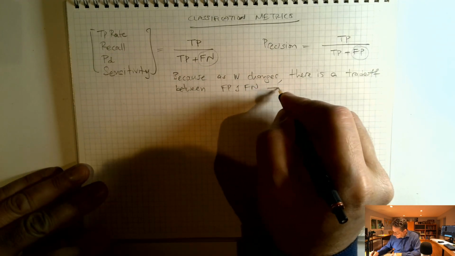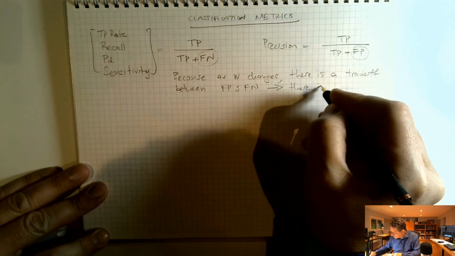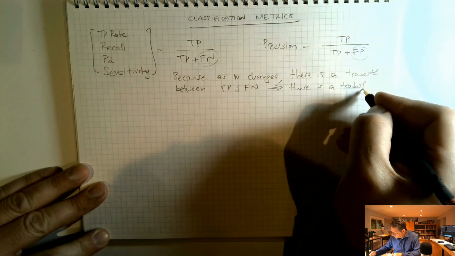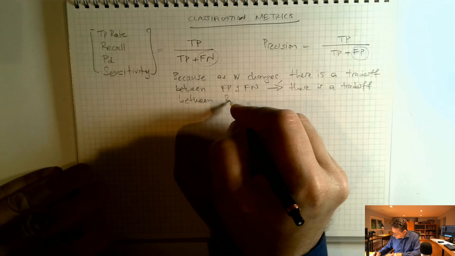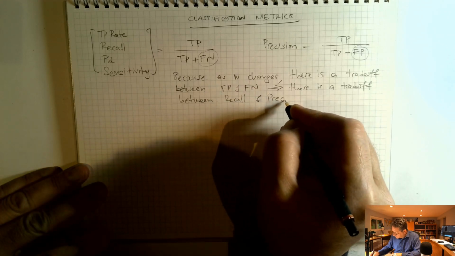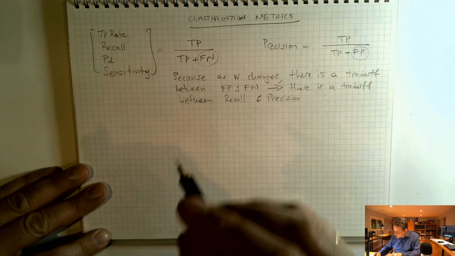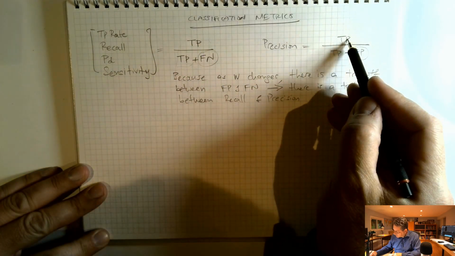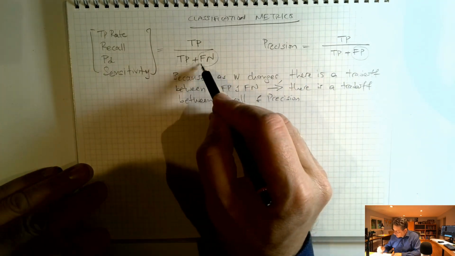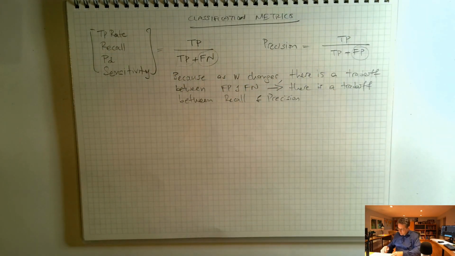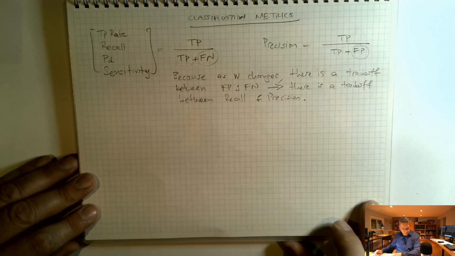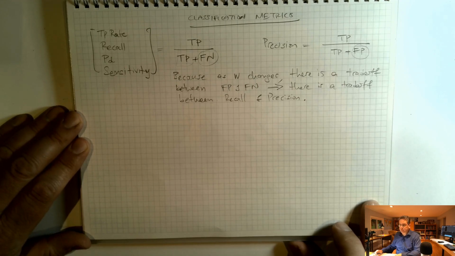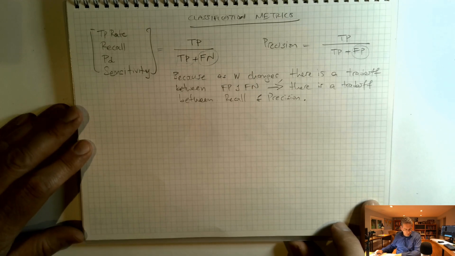We can actually claim that there is a trade-off between recall and precision, because for recall and precision everything is exactly the same in terms of numerator and portion of the denominator, but only the false positives and false negatives are present there. So this is an important trade-off that will be of great interest to us, as we will always find ourselves making that kind of trade-off for the classification architectures we will be designing soon.